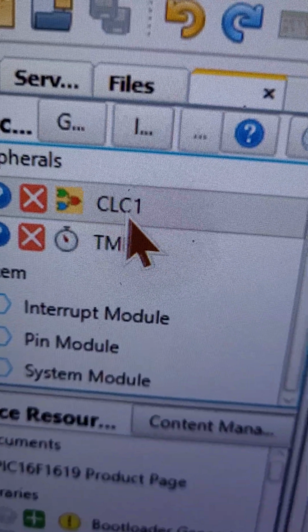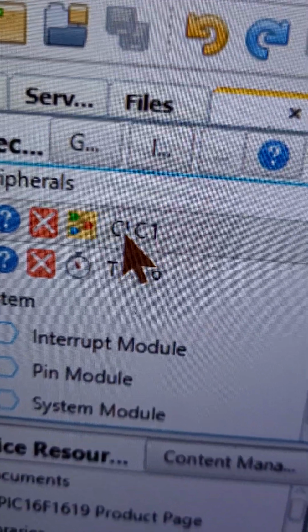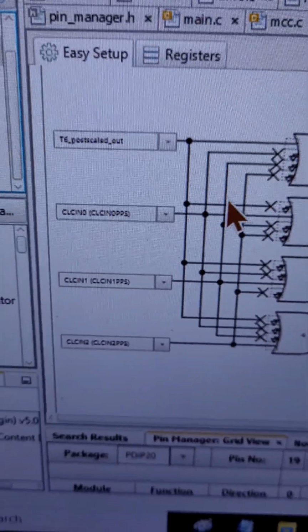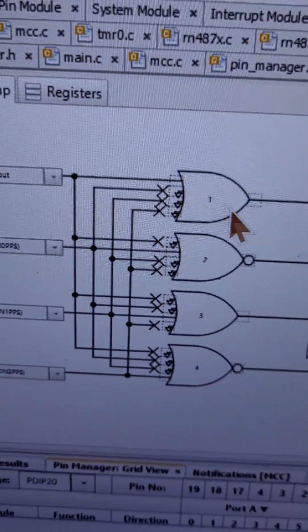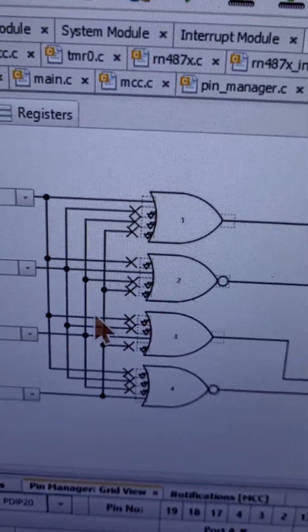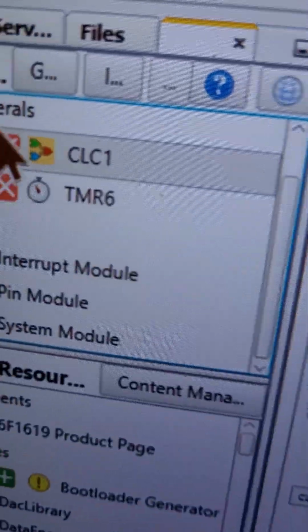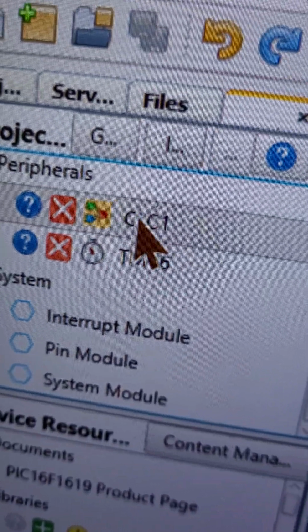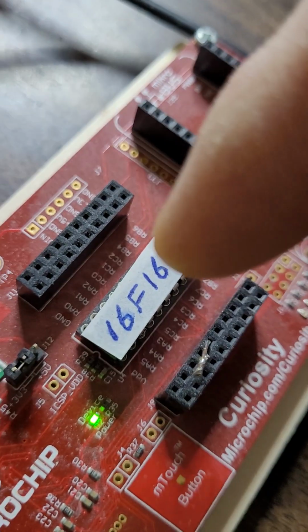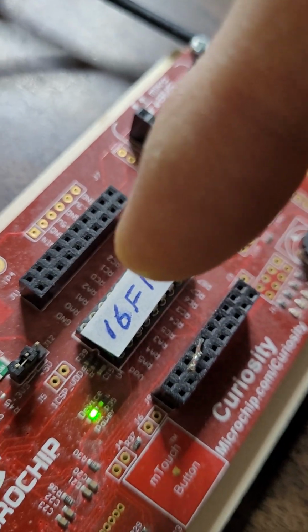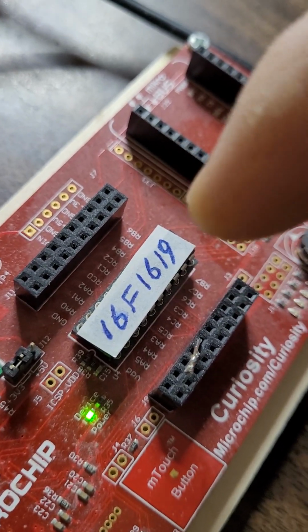So now you have the CLC, the configurable logic cell, configured properly as I explained to you, and this FPGA of the microcontroller, this configurable logic cell, is causing the LED to toggle. So now we are toggling this baby, the LED, with the configurable logic cell built within this microcontroller.